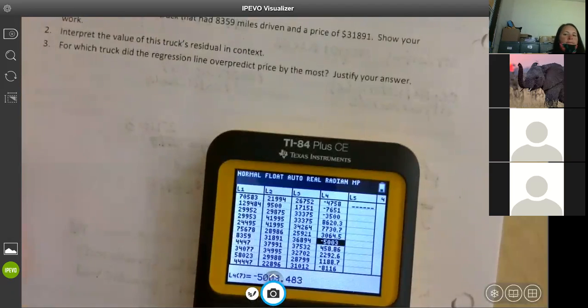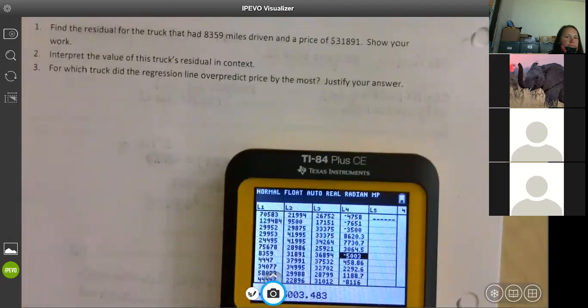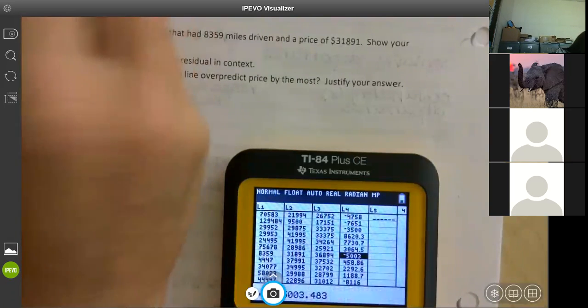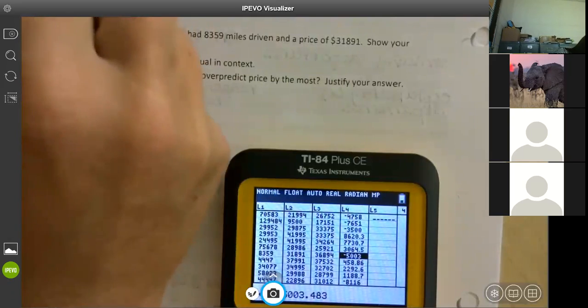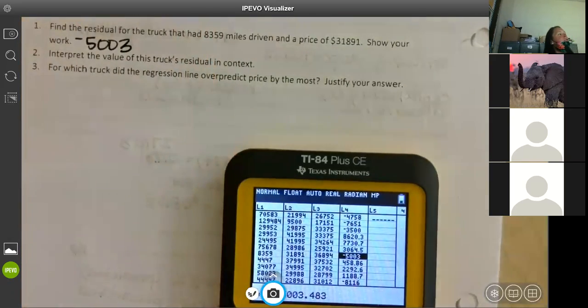What was our residual? How would you show your work? You would keep that point, plug it into the prediction line, and then subtract. I'm not making you show your work because we've already done it, but make sure you show all the work.